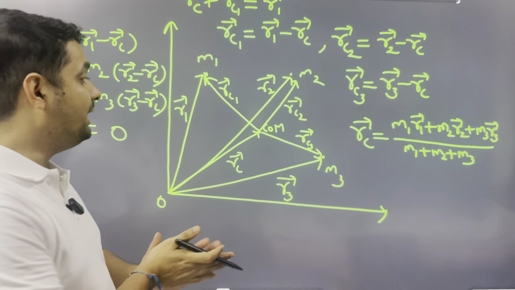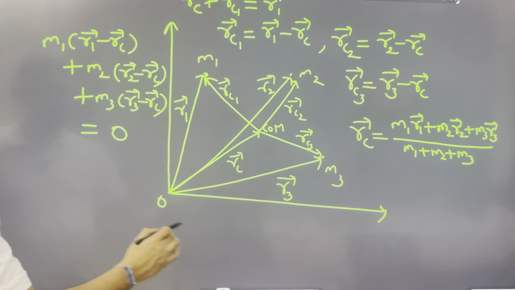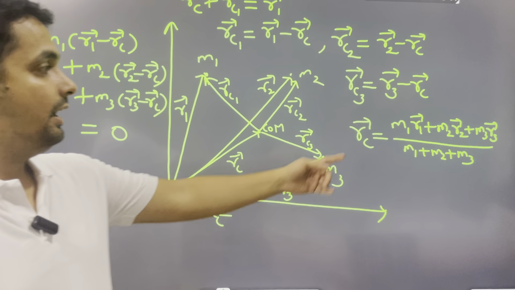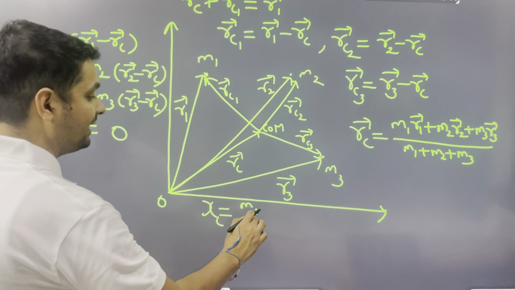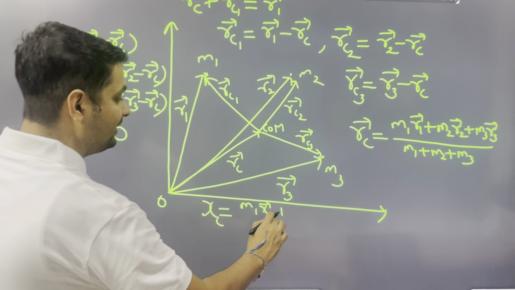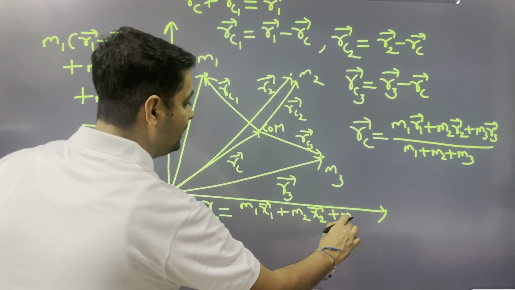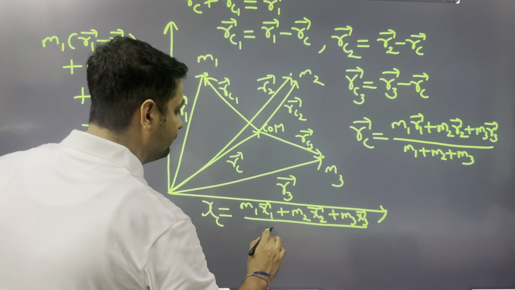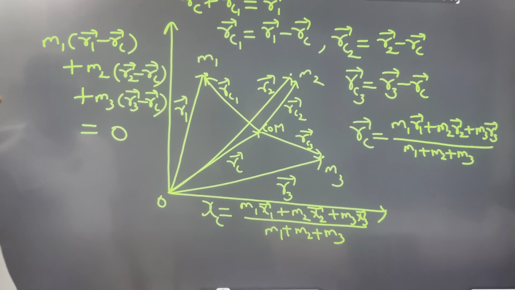In the same way, as we found the RC vector, we can find the XC vector. What will be the XC vector? It will be M1 X1 plus M2 X2 plus M3 X3 divided by M1 plus M2 plus M3. Correct?